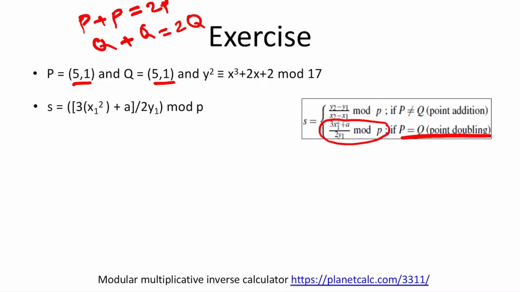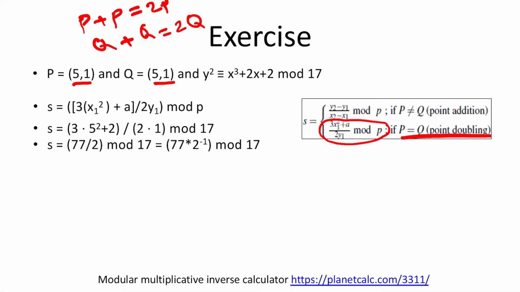We'll plug the values in this equation, but you'll notice that after plugging in the values, we get 77 by 2 mod 17, which will not result in a whole number, but we can only have whole numbers through our computations in elliptic curve cryptography.